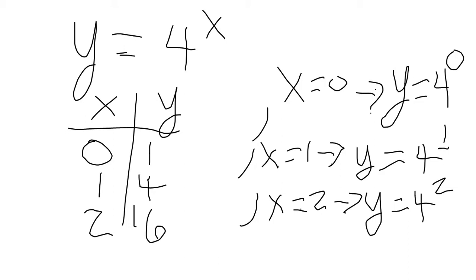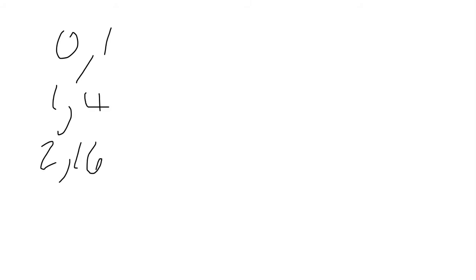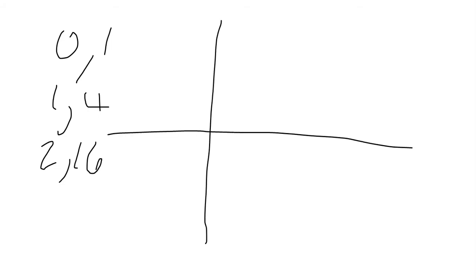So now for graphing. We're going to delete our work to the side here. Okay, so we have the points (0, 1), (1, 4), and (2, 16). Build yourself a little coordinate plane. We'll go to the point (0, 1) and make a plot.